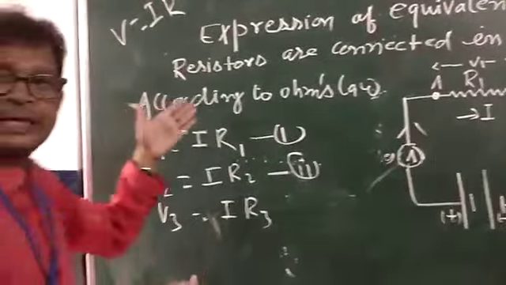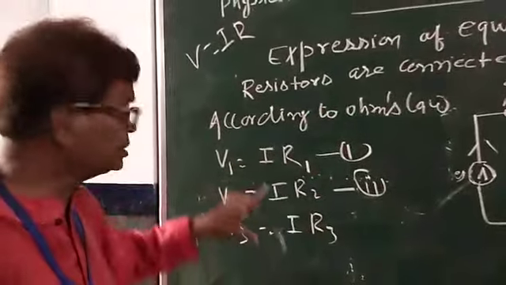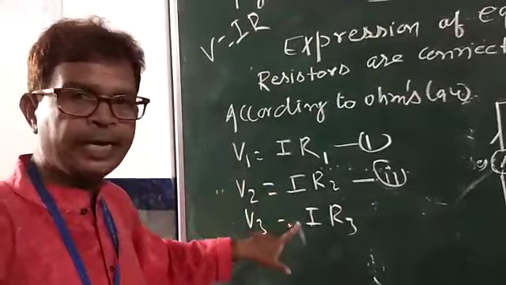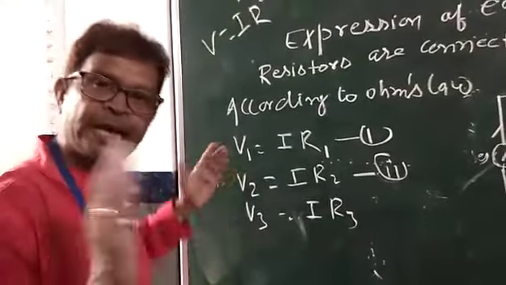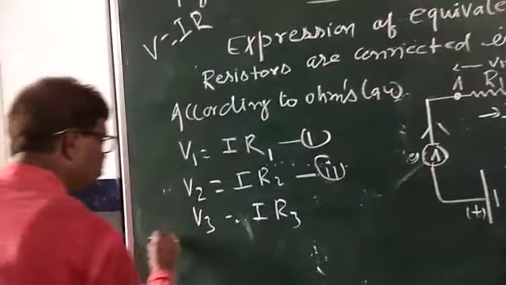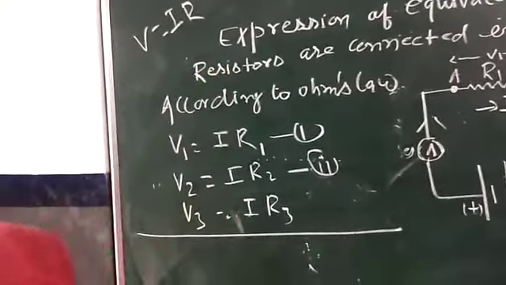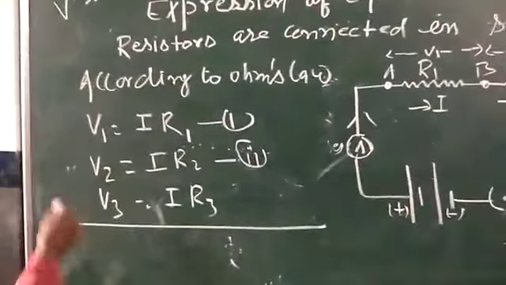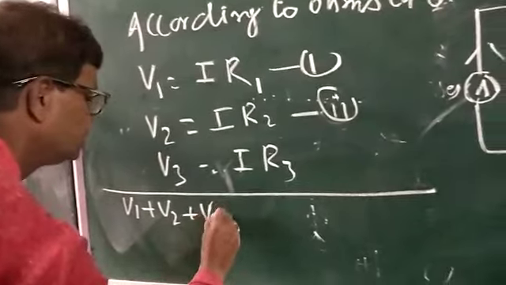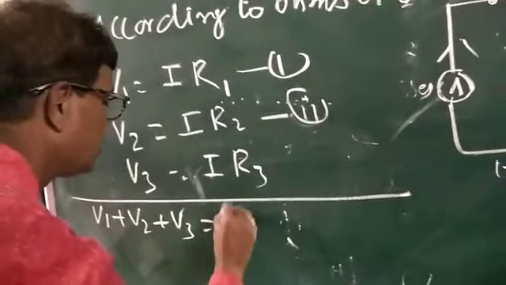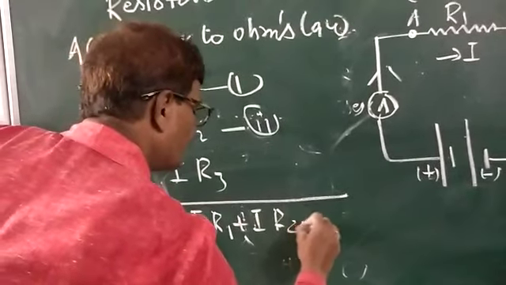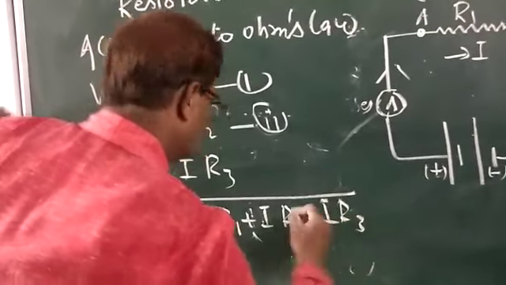Just try to understand, for each and every resistance the current remains the same as I, but potential difference varies: V1, V2 and V3. Now we are going to add. Adding V1 plus V2 plus V3, that is I R1 plus I R2 plus I R3.